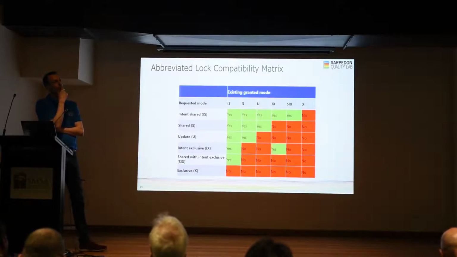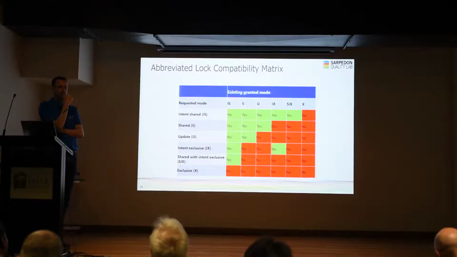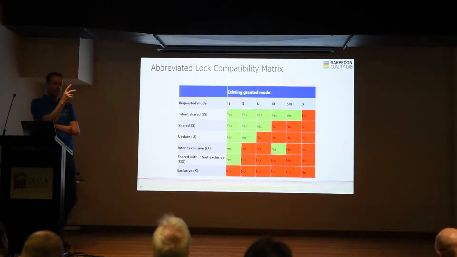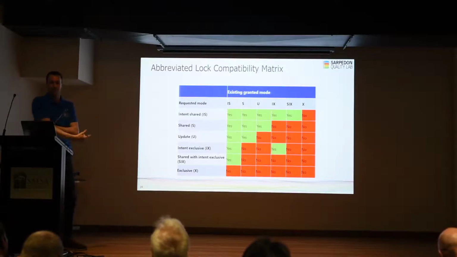Oh, let me take this back. I cannot think of a case, but in theory, if you would have like 5,000-6,000 intent exclusive or 5,000-6,000 pages, IX, not access, then they would also escalate. That's possible. But I cannot think of a scenario where this would actually happen, because if you have so many IX locks already on page level, you probably have tens of thousands of exclusive locks on row level already.